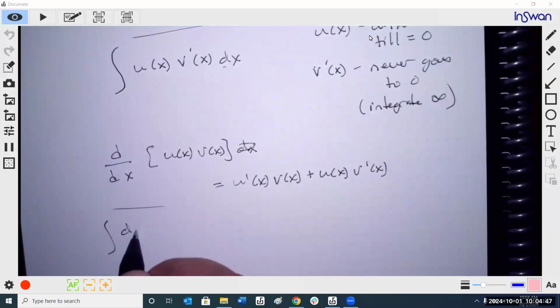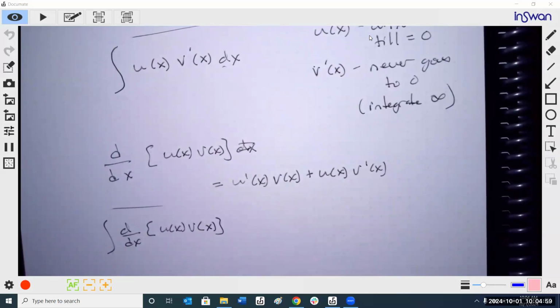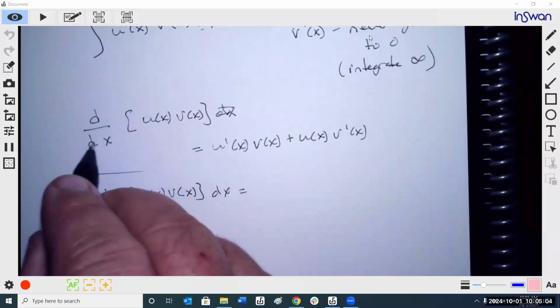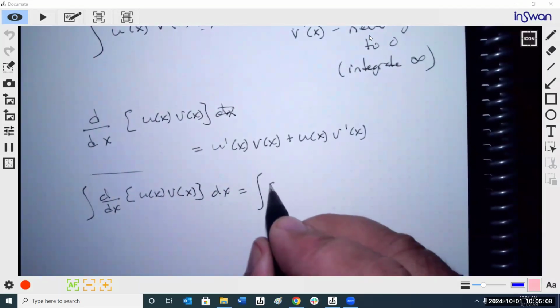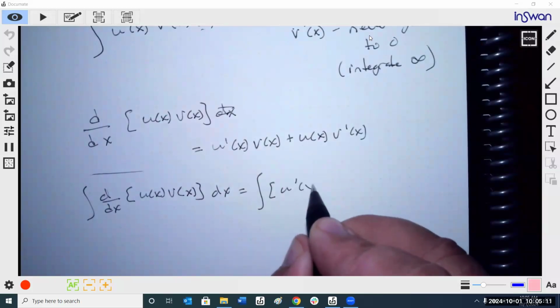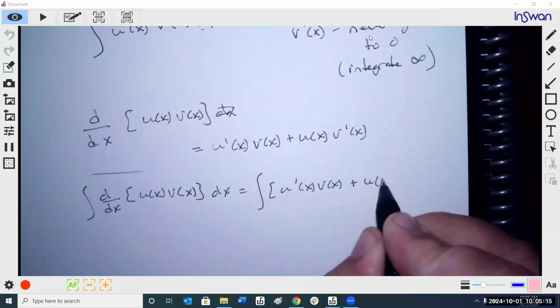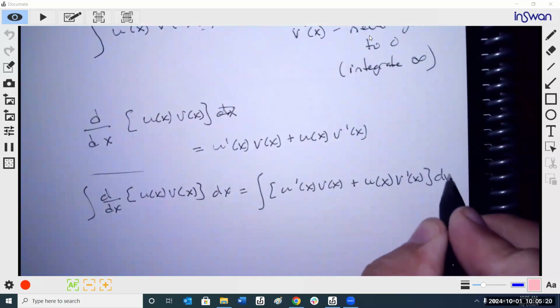We're going to look at the integral of d/dx of u(x) v(x). Now we're going to integrate each of these parts. We're going to integrate u prime of x v of x plus u of x v prime of x dx.